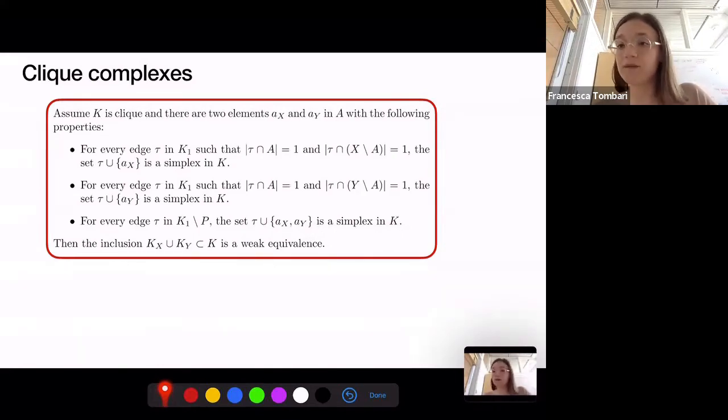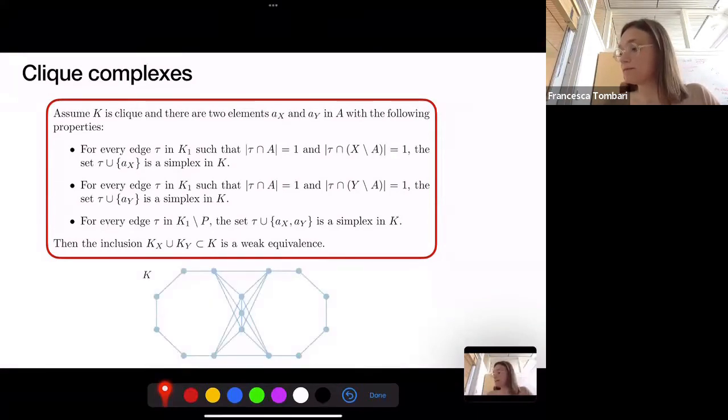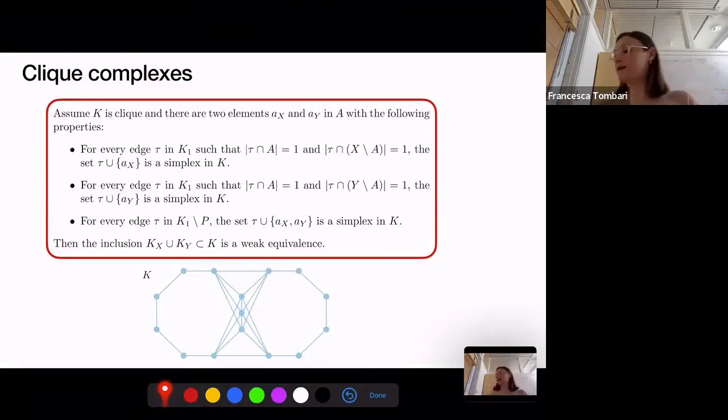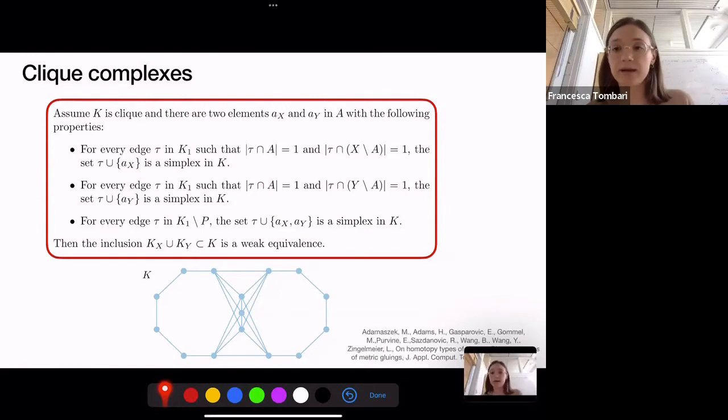If those three hold, then the inclusion map is a homotopy equivalence. So we can retrieve the homotopy type of K just by looking at its data-driven decomposition. Here we also have an example that I redrew from another paper that you see linked here.